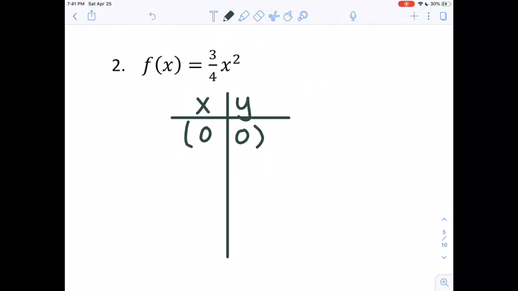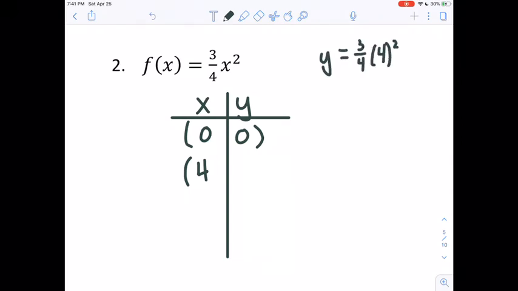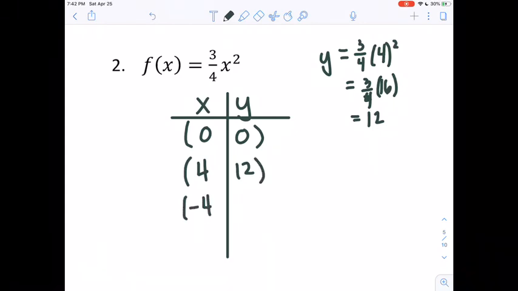So let's choose 4. So if I plugged it in, I'm going to get 16 times 3/4, which is going to be 12. And I'm going to do the same thing to negative 4, which is also going to get me positive 12.